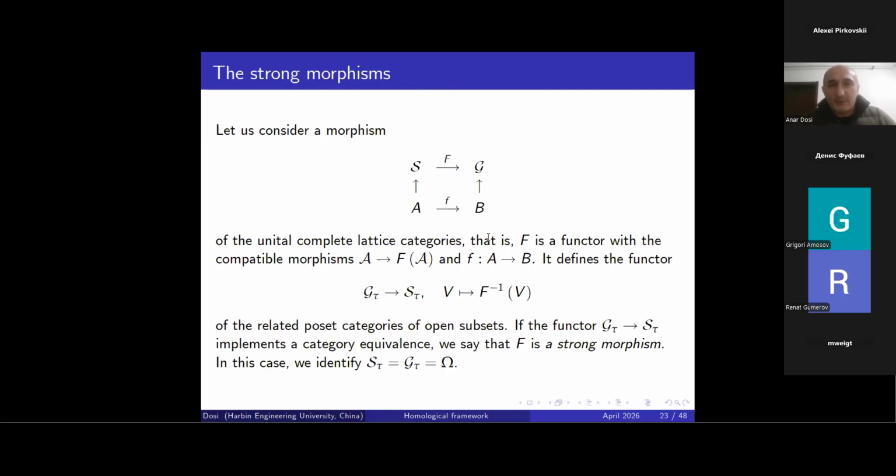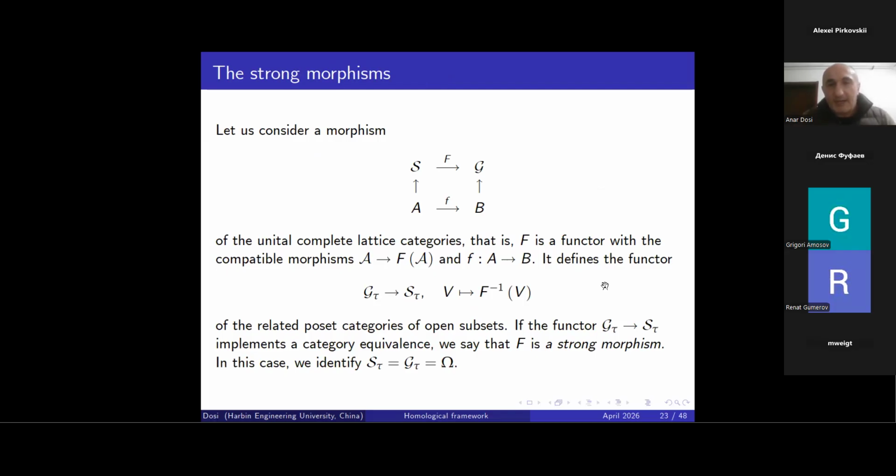Well, if you take the morphisms of two unital complete lattice categories, we know what that is, right? F is a functor. We have connections A to F of A. Then it defines the functor of the open sets, right? So we can take an open set and look at the inverse.